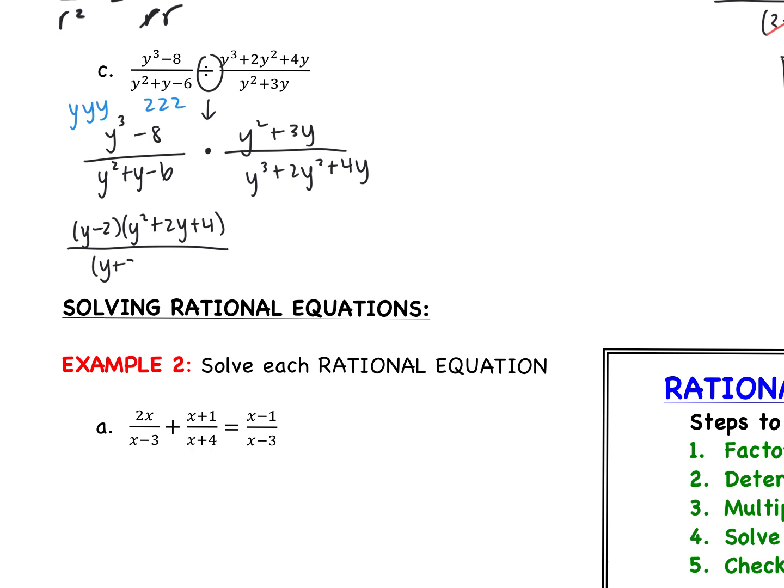And how did you come up with those two numbers? Nick, can you help him out, please? They multiply to negative 6 and add to 1.